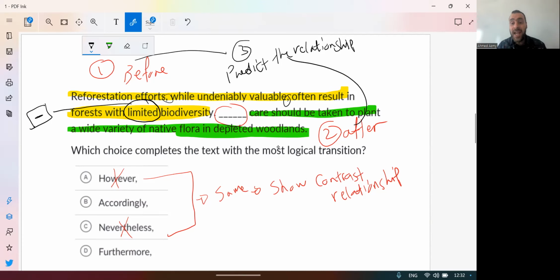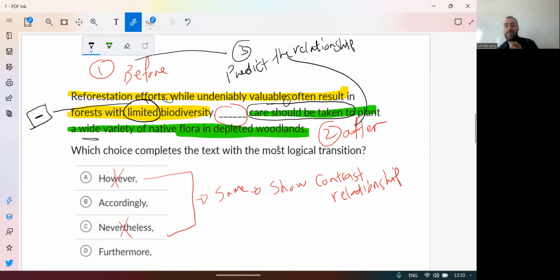Let's go to the second part, the green part. Care should be taken to plant a wide variety of, and so on. So, because of limited biodiversity, we should take care of the issue. We should plant.